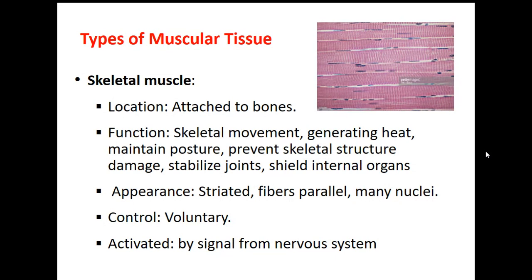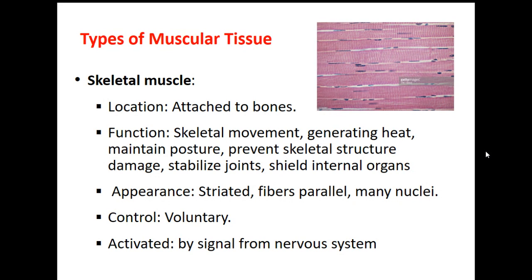In skeletal muscle, the muscle fibers or cells are parallel, and they're all running in the same direction. So this muscle here is a bundle of these muscle fibers that are long like spaghetti, all in a parallel bundle. And each muscle fiber or cell has many nuclei. You can see those dark spots.